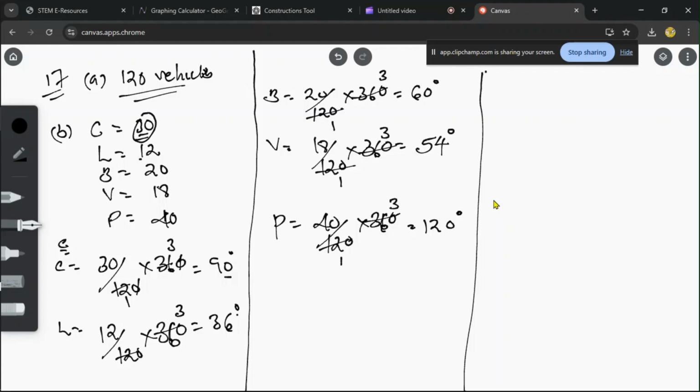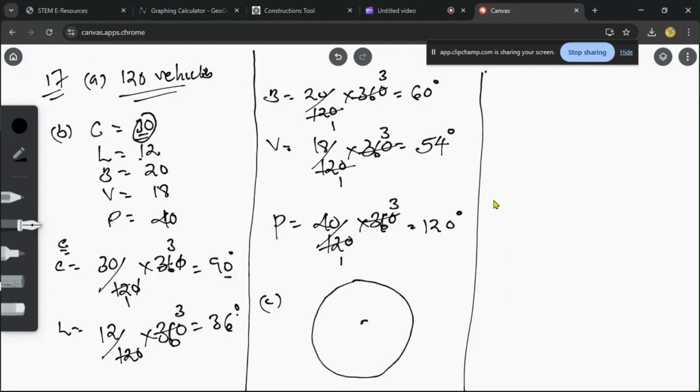If I now go to the next question, I have: draw a pie chart to represent the above information. Now, a pie chart, this is question C, looks like this, and you have the center.